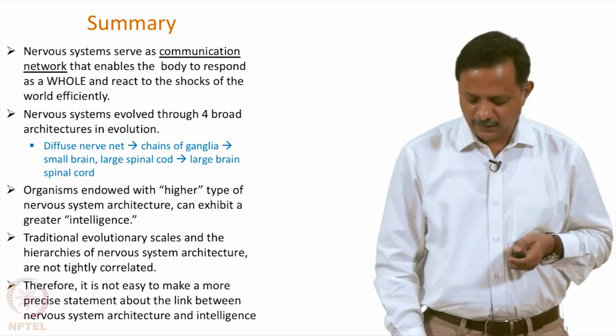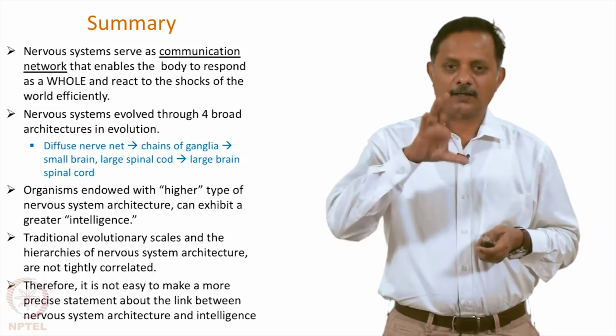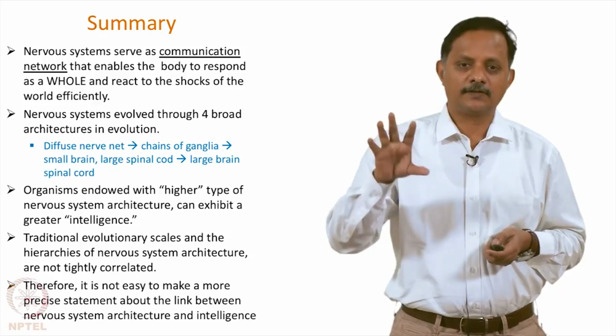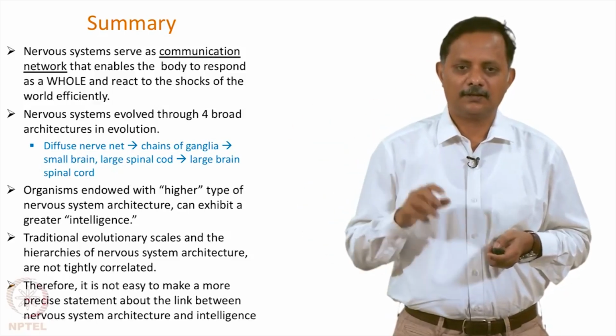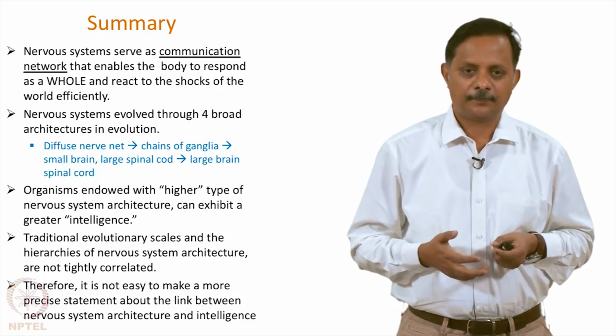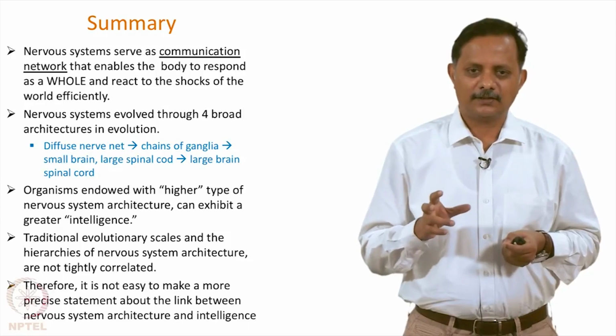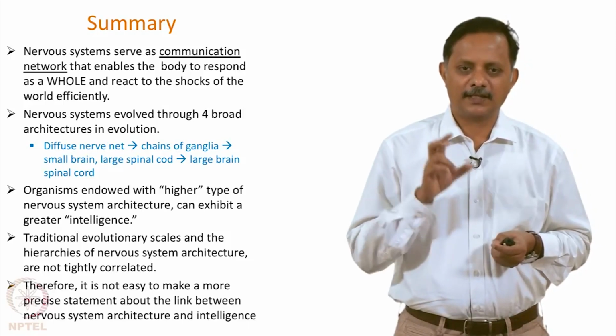So, the evolutionary hierarchies are not that important. It is this broad class of nervous system architecture that determines what kind of intelligent behavior that organism can exhibit.